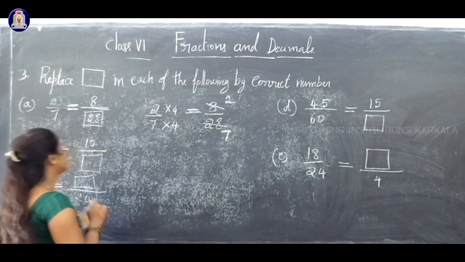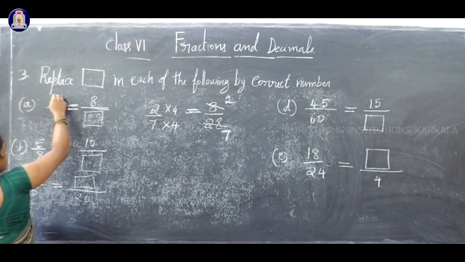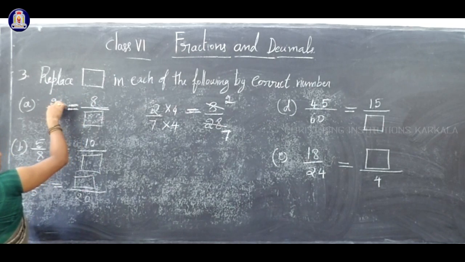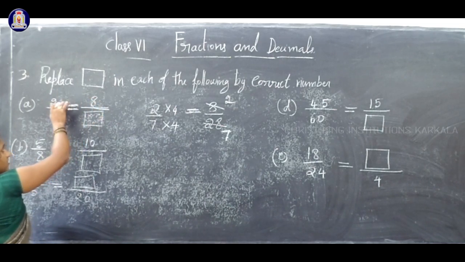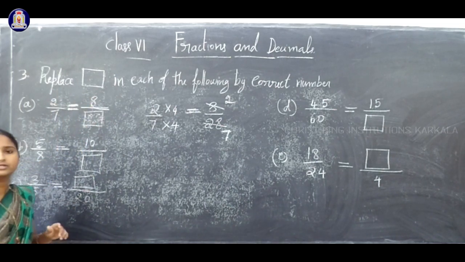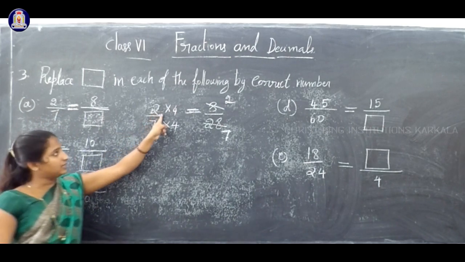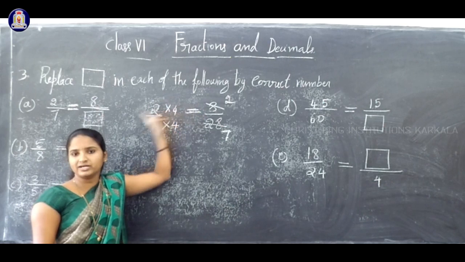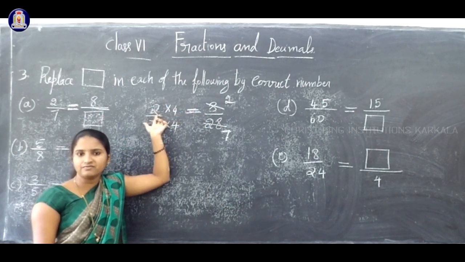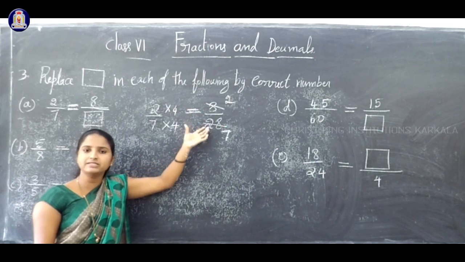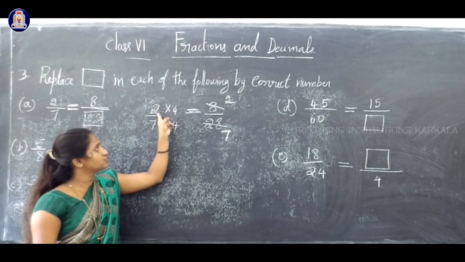Clear? So how can we get this denominator? Just compare the numerators. On the left hand side the value is 2 and on the right hand side the value is 8. You know that 2 4s are 8. So multiply by 4, because the equal sign is given, which means the left hand side answer and right hand side answer should be the same.